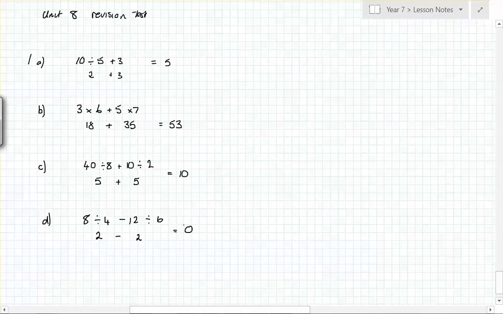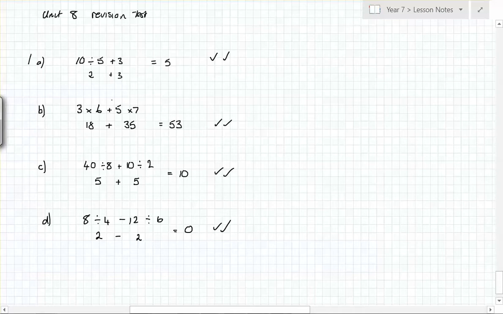So with this question, the correct answers are worth 2 marks each. So double tick if you've got them both right. If the answer is wrong, you can have 1 mark if they have done things in the right order.